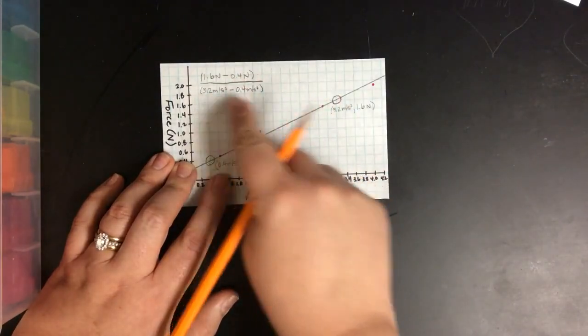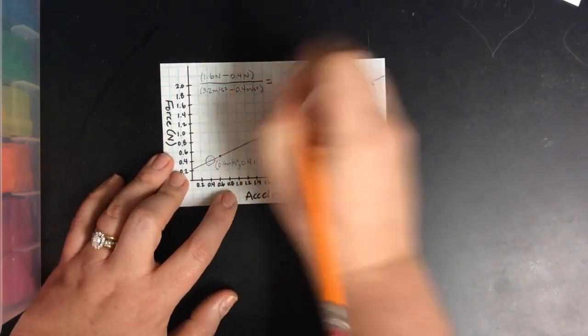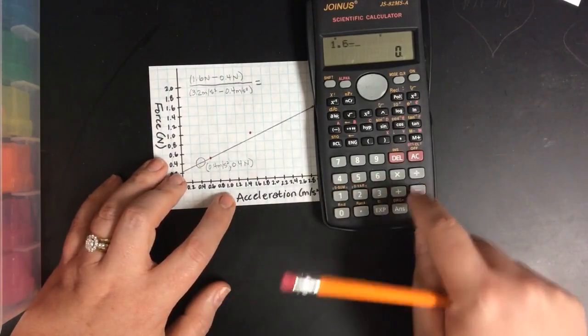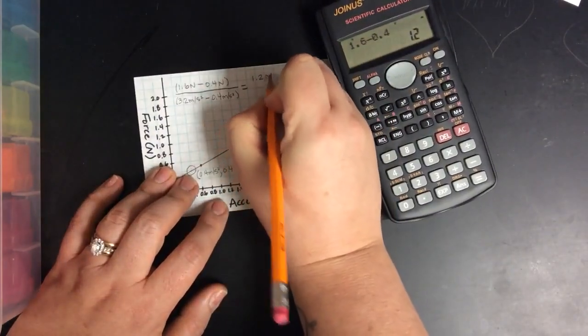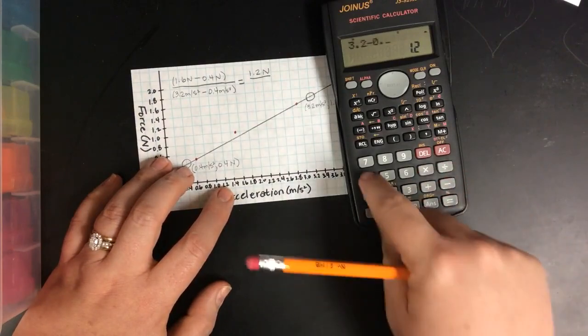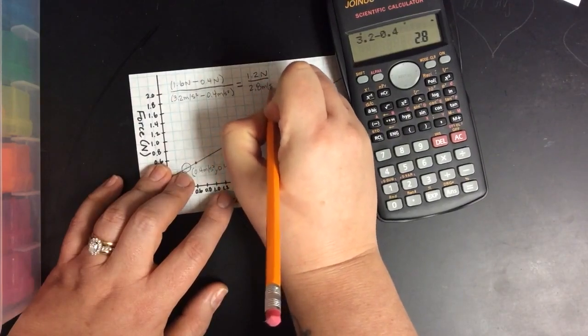Again, notice I've got my units so I know what I'm working with. And I plug that into my calculator, 1.6 minus 0.4, 1.2 newtons over 2.8 meters per second squared.